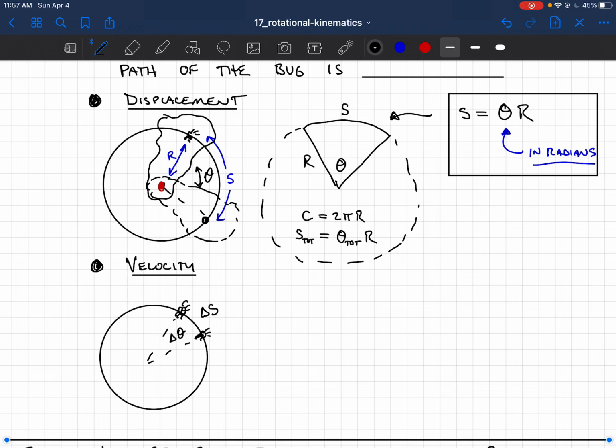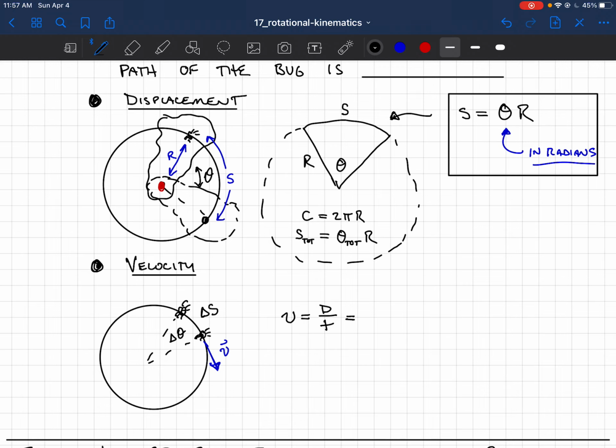Well, the velocity of the bug through space, its translational velocity, its speed, is given by the distance traveled over the time traveled.